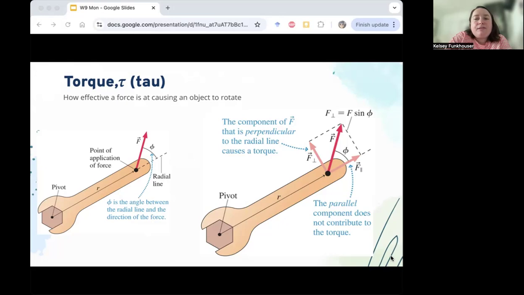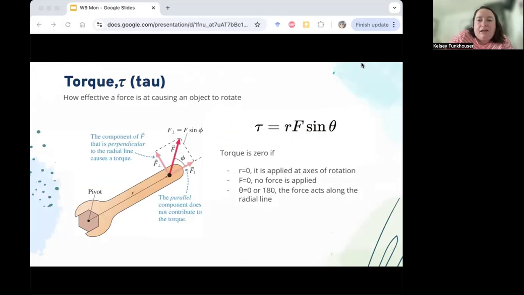And then the force is applied at an angle at the end of the wrench. And you can see it's also broken into components, a parallel and perpendicular component. And we'll get to that here.